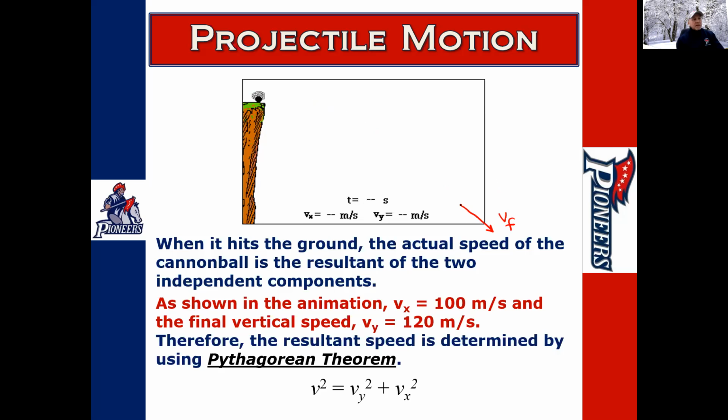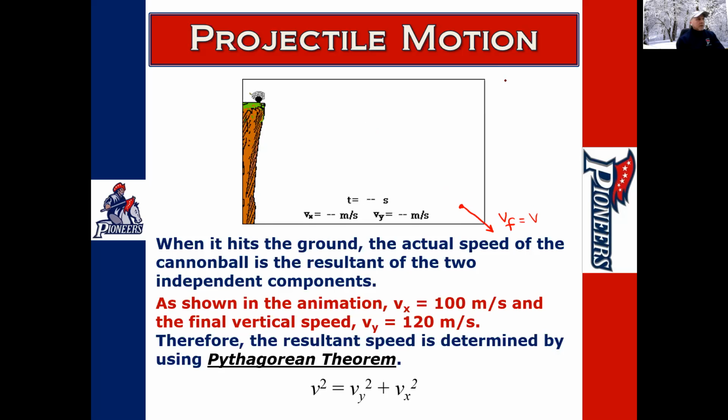And we knew the velocity that was given was its final velocity. But now we're talking about these x and y velocity values. And when we get those individual values, that's not how fast it's really moving. It's not moving 100 meters per second and it's not moving 120 meters per second, but it's moving the combination of the two. So the question is, how do we find that final velocity?